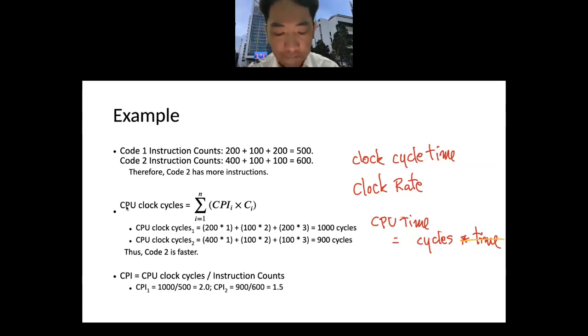Okay. Now we go to the solution here. The CPU clock cycles of code number 1 is like this.